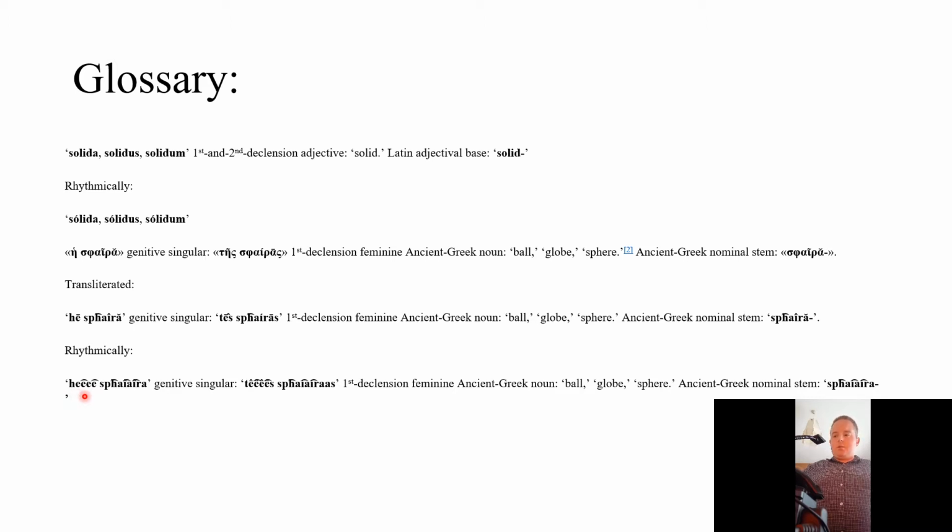So that's why I write it out this way. Hē sphaira, genitive singular, tēs sphairas. This is a first declension feminine ancient Greek noun, and it means ball, globe, sphere. And the ancient Greek nominal stem is sphaira.